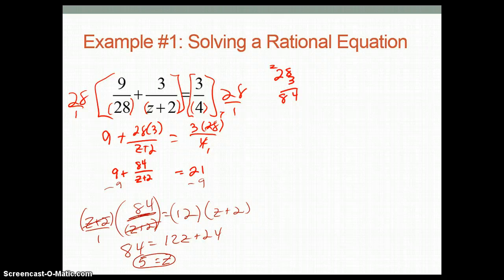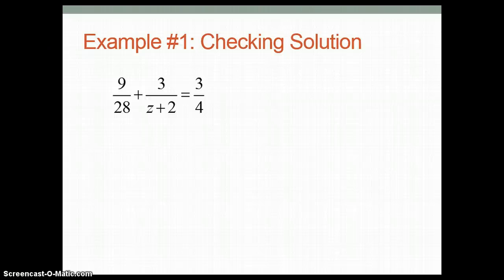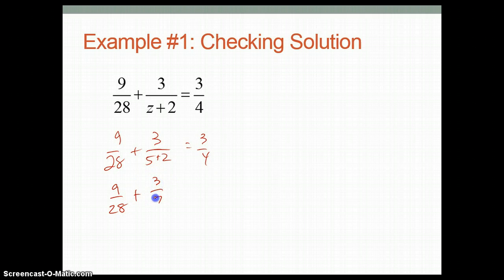The second part that we're going to do is check it to make sure that we have done it correctly. So we're going to check that our solution 5 is the correct one. I'm going to go back to my original equation, and just like in Algebra 1, I'm going to plug in 5, and now I have 9 over 28 plus 3 over 7 is equal to 3 over 4.